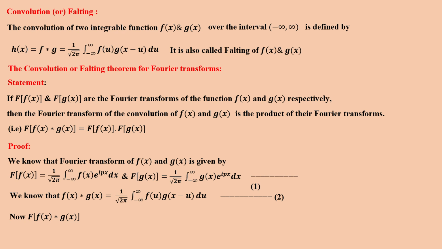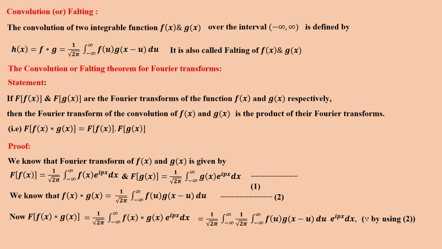Now the Fourier transform of the convolution of f and g is equal to 1 by root 2 pi integral minus infinity to plus infinity f of x star g of x e power i p x dx. That is equal to 1 by root 2 pi integral minus infinity to plus infinity, and we are going to use equation 2, so 1 by root 2 pi integral minus infinity to plus infinity f of u g of x minus u du into e power i p x dx.